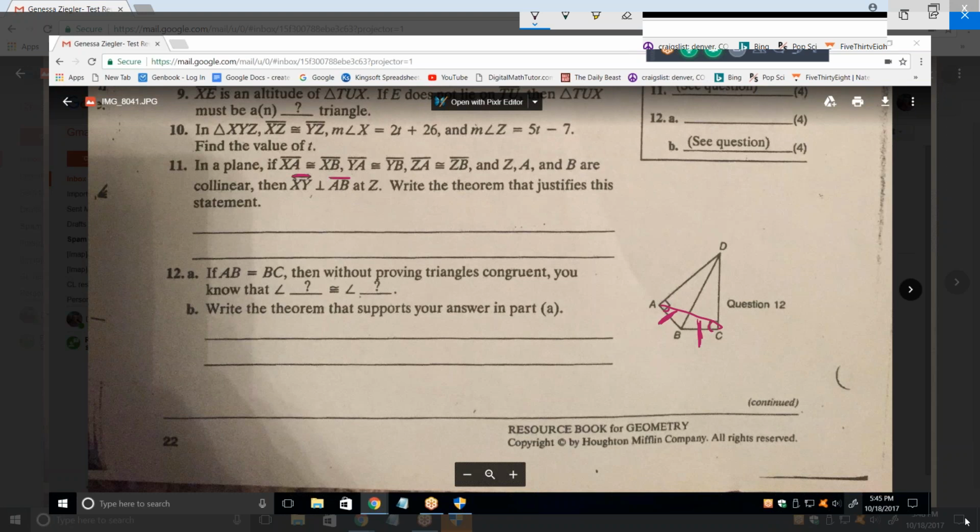Let me think for a second here. I think what they're kind of trying to get at is that angle is equal to that angle. How can we prove that without proving congruency based strictly on that's equal to that?